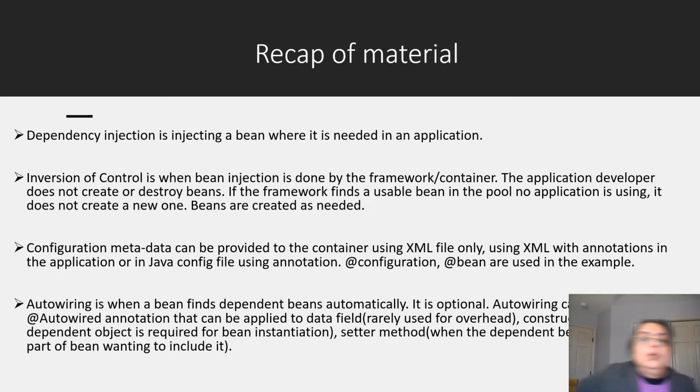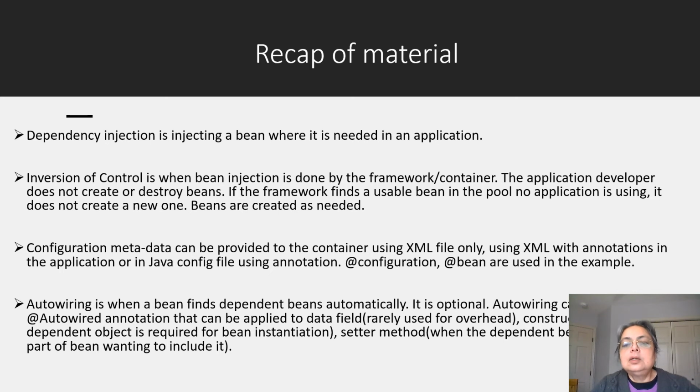So what did we discuss here? We discussed dependency injection, which is where the container finds a dependency in an application, where the application needs an object, depends on it to function, it finds it and plugs it in there. Then inversion of control, it's not about what is being done, it is more about who is doing it.